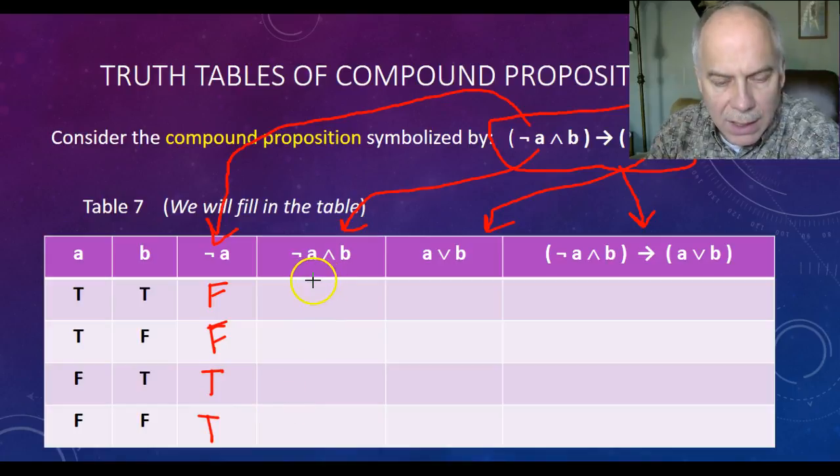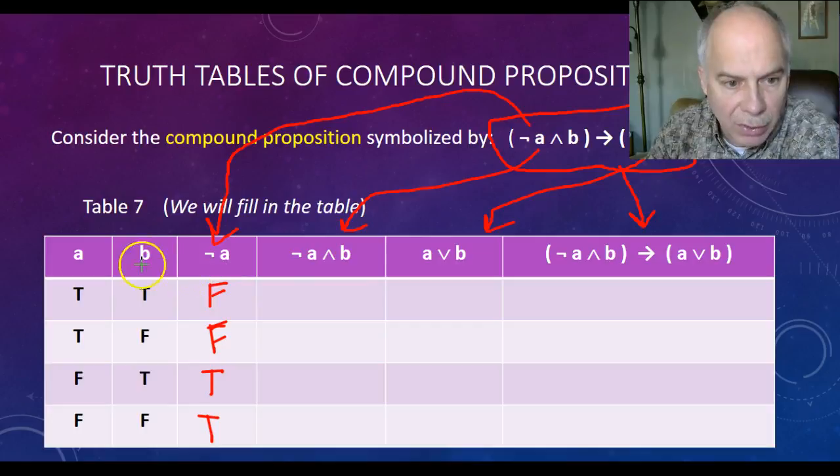And then I have not A and B. So I'm going to look at the not A and the B column. When is and, this is the symbol for and, when is and true? Well, it's only true when both are true, which happens here where both are true. All the other times it's false.